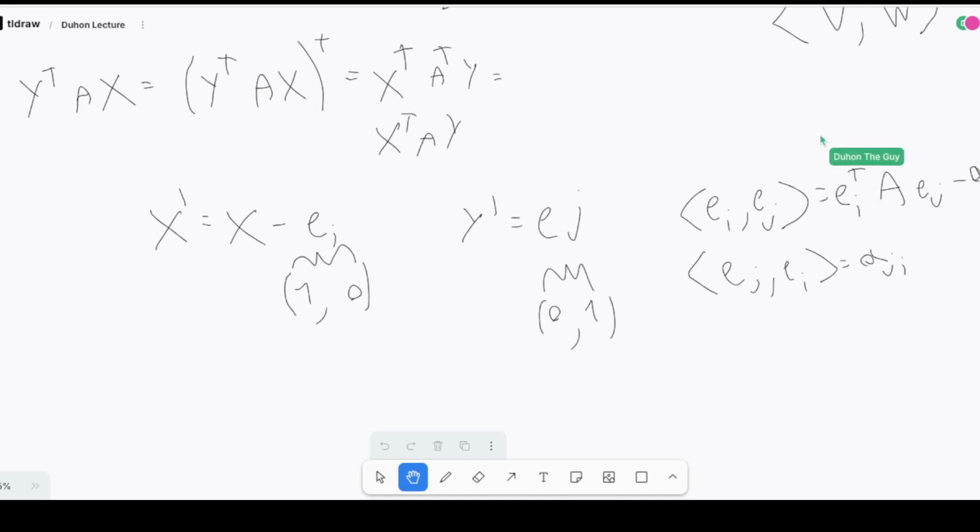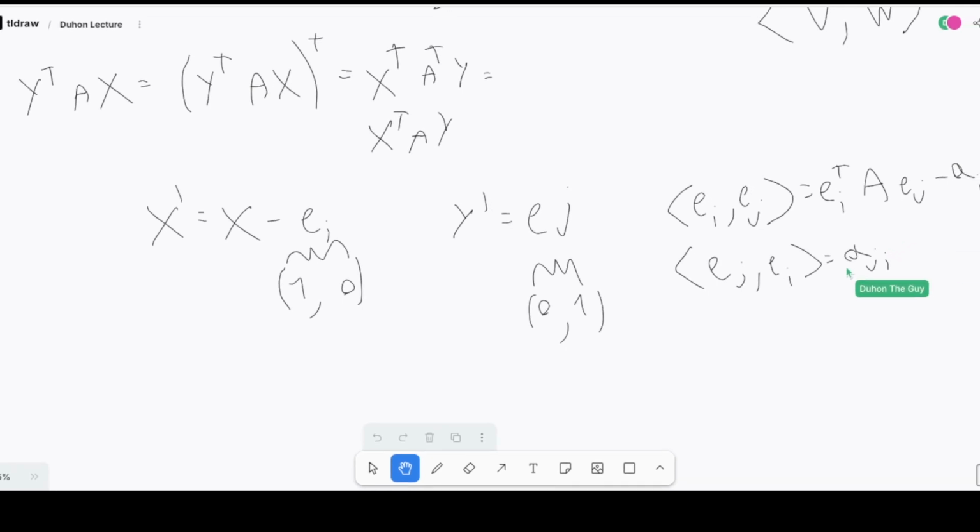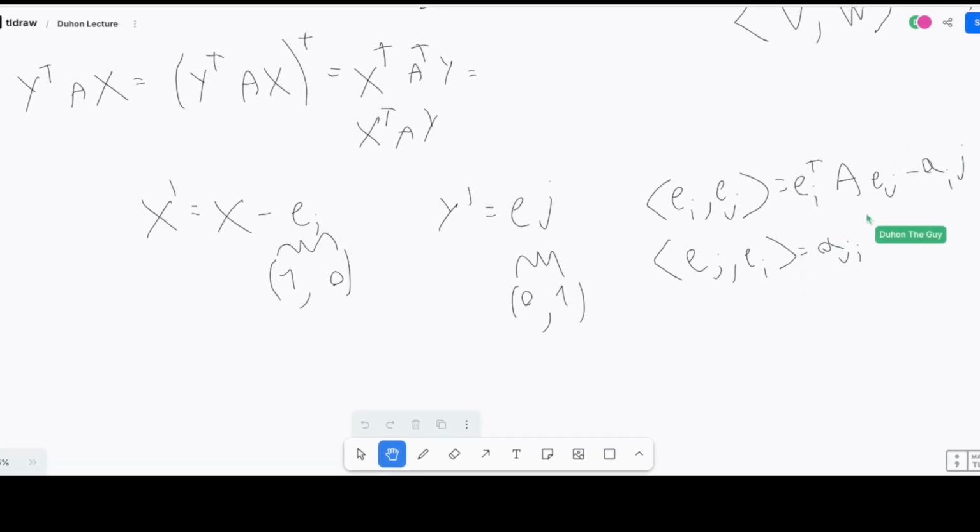All right. Now, if we have that the form is symmetric, then these are going to be equal. Not these specifically. We're going to have that a_ij is going to be equal to a_ji, and so A is going to be symmetric.